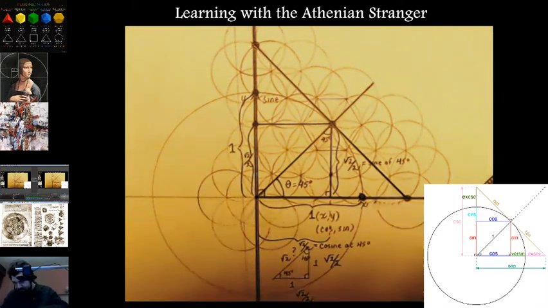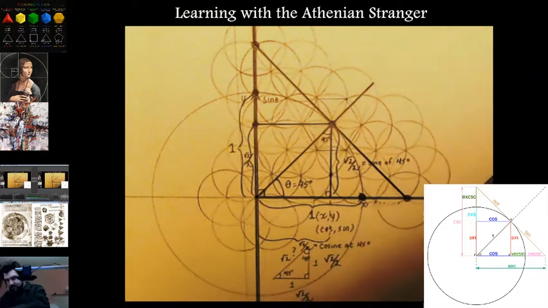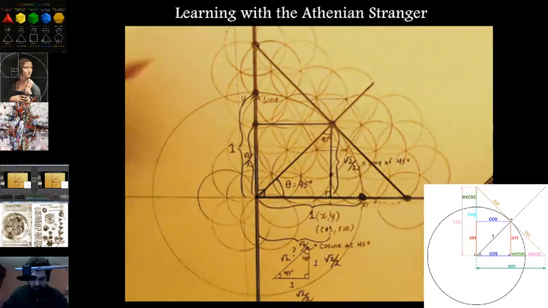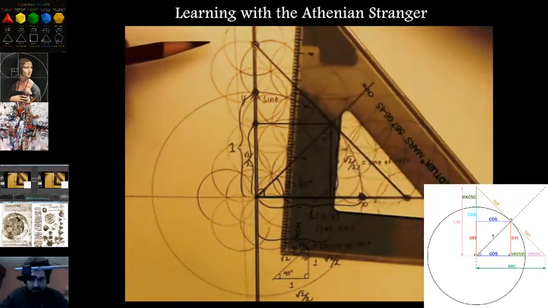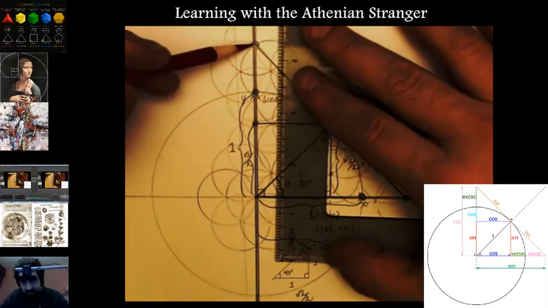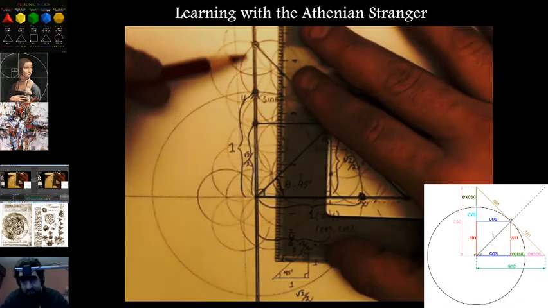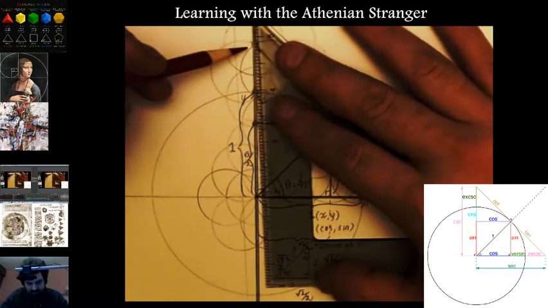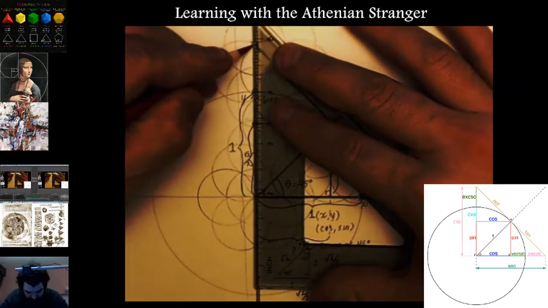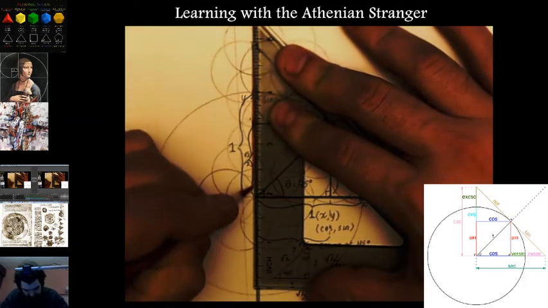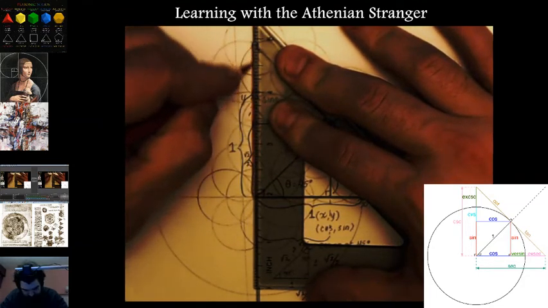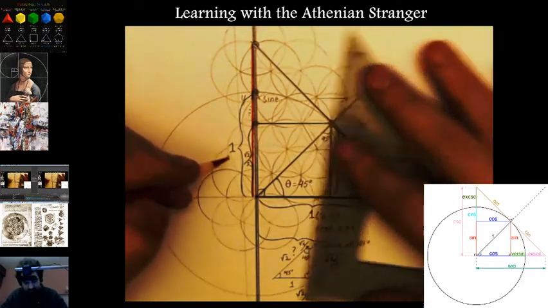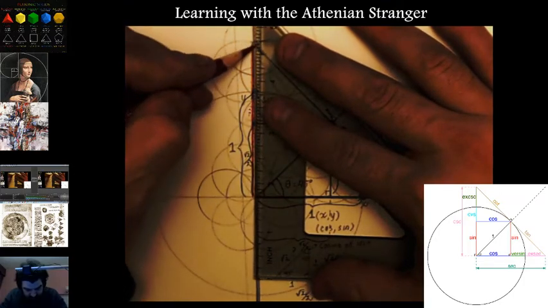If I use some colored pencils, it might help. So this distance from here to here is the cosecant. That whole distance is the cosecant.